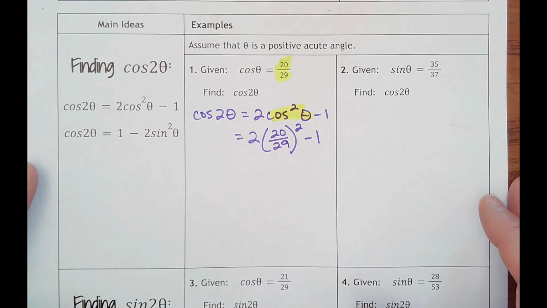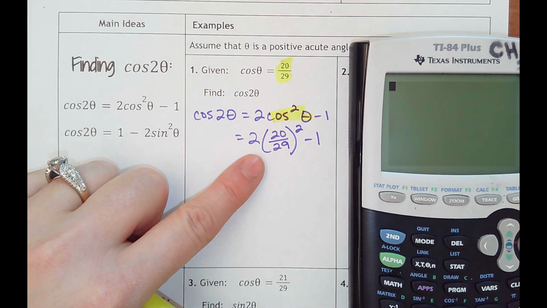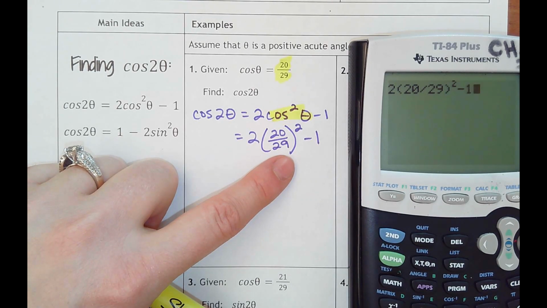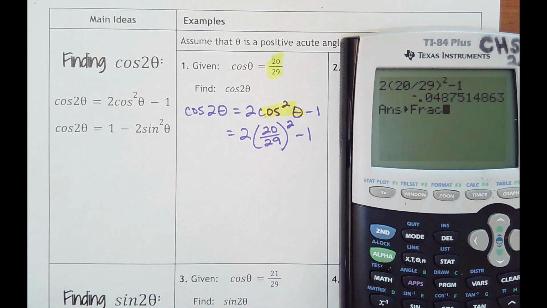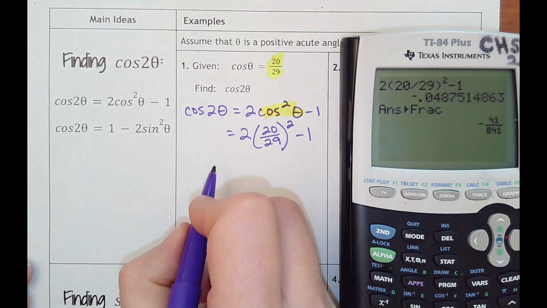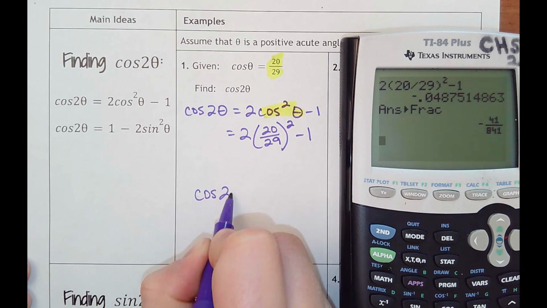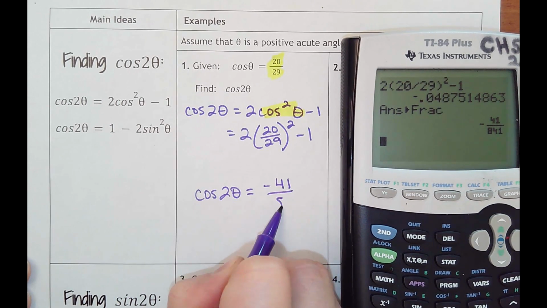Honestly, I would just do this all in a calculator. So it's 2 times 20 over 29 squared minus 1. You always get these weird decimals, but when I hit math, enter, it'll turn it into a fraction. So what cosine of 2 theta really equals is negative 41 over 841.